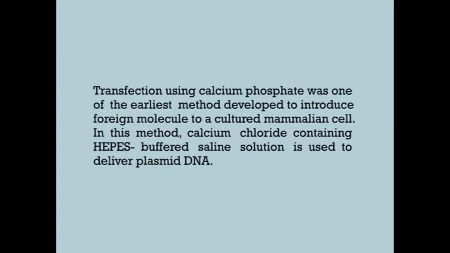Transfection using calcium phosphate was one of the earliest methods developed to introduce foreign molecules to a cultured mammalian cell. In this method, calcium chloride containing HEPES buffered saline solution is used to deliver plasmid DNA.